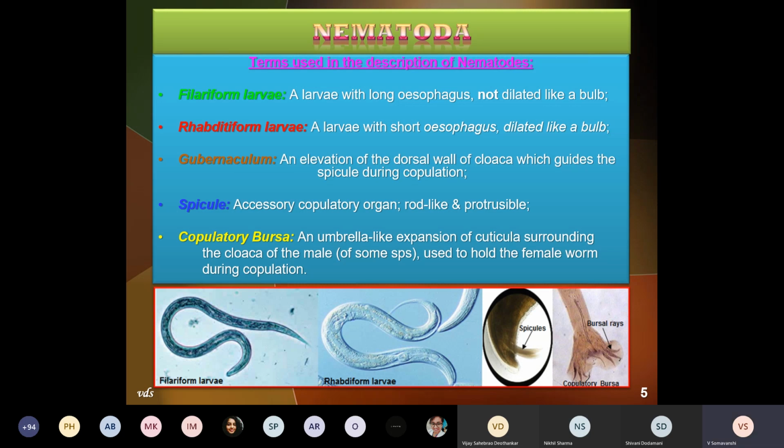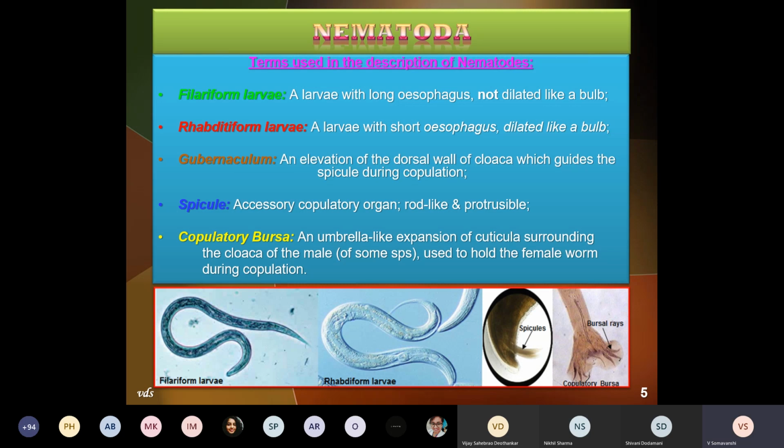Okay. Now, the last important term which you are supposed to understand is the copulatory bursa. Copulatory bursa is present only in some of the male parasites, not all. Now, this is an umbrella-like expansion of the cuticula, the outer layer, surrounding the cloaca of the male parasite of only some of the species, used to hold the female worm during copulation.